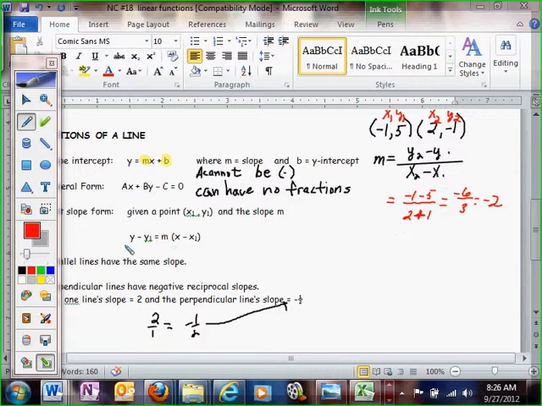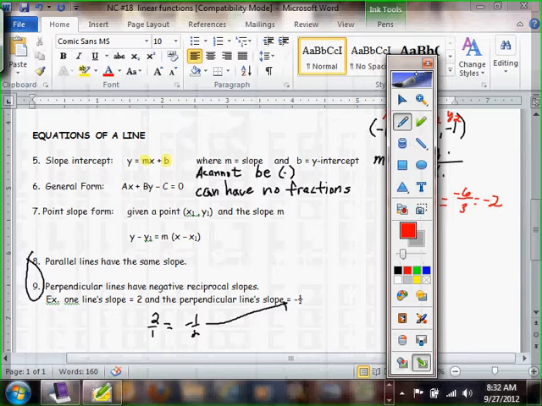Since I found this slope, I'm going to start with this point slope form. The reason I'm going to start with the point slope form is because most people start there, and you can start from here and write the equation of a line in either the point slope form, the slope intercept form, or the general form. So I'm going to do both, and I'm going to start with point slope.